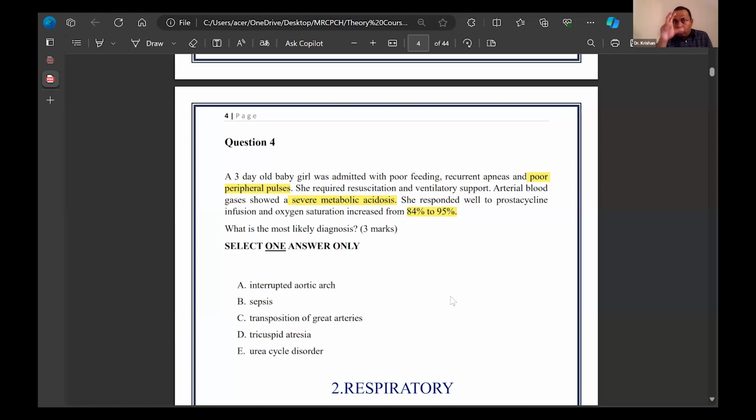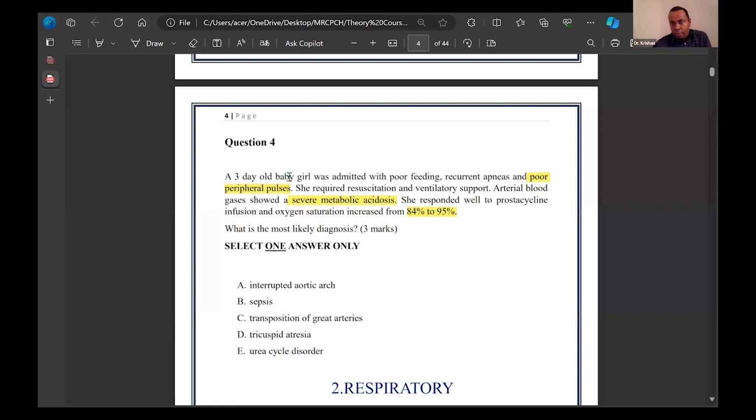Why? You know this ductus arteriosus, which connects the pulmonary artery to the aorta, usually closes towards 3 days of life. That is why she started to deteriorate on day 3. Day 3 deterioration in a baby, always think, could that be closure of the PDA?